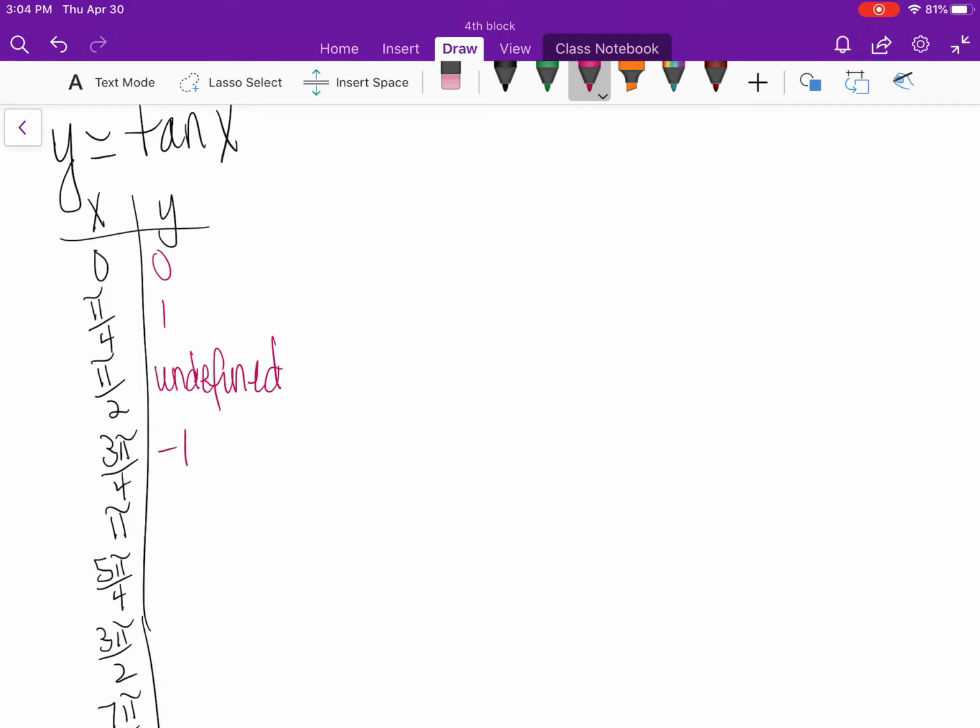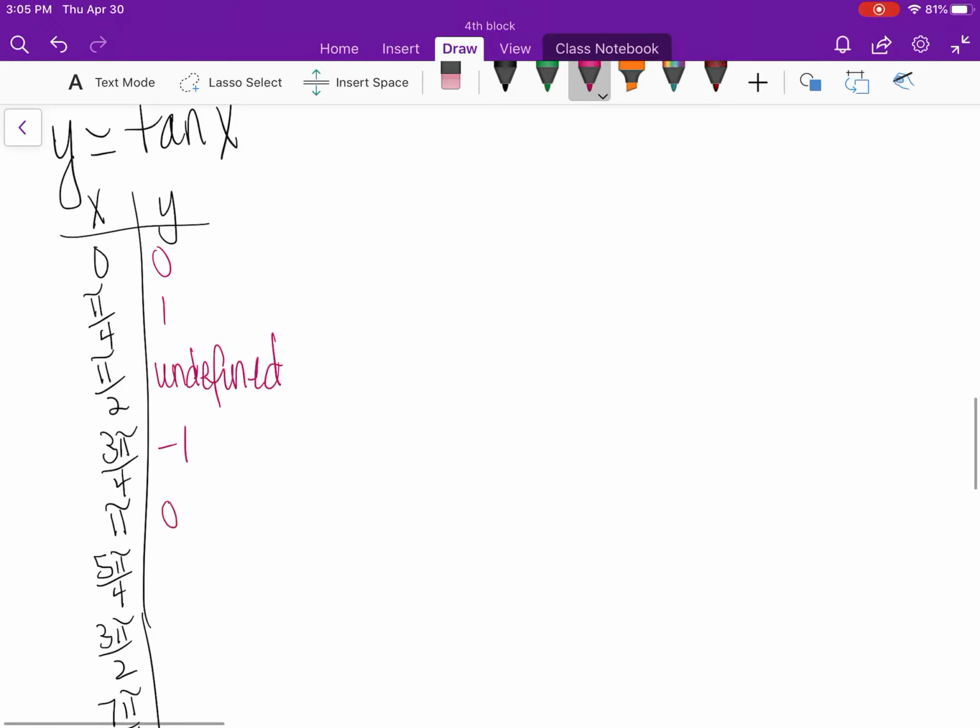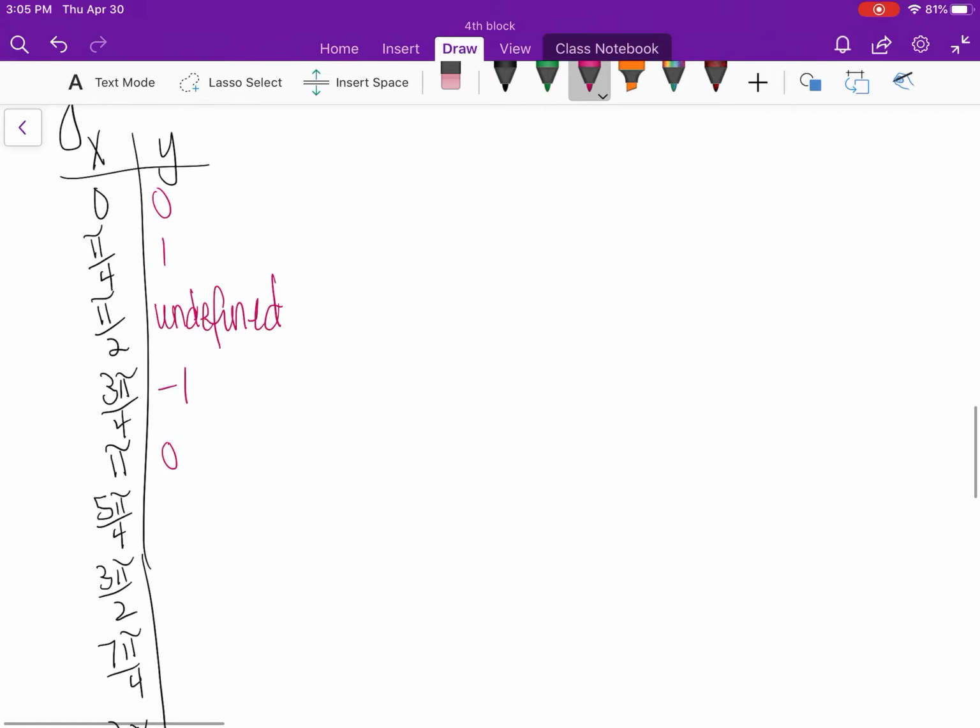Then at 3 pi over 4, if I take y over x, I get negative 1. Then at pi, when I take y over x, I'm at 0. 5 pi over 4, y and x are the same, so I'm back at 1. 3 pi over 2, I have 0 in the denominator, so that's undefined. And then at 7 pi over 4, I'm back to negative 1. And then 2 pi should be the same as 0, so it's 0.